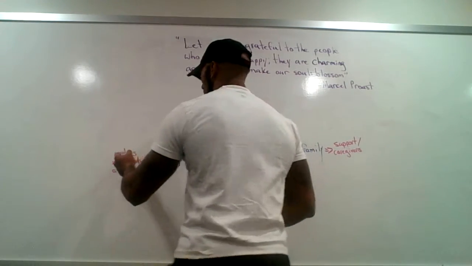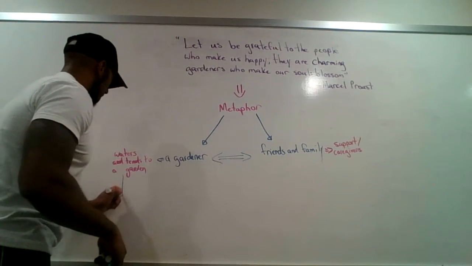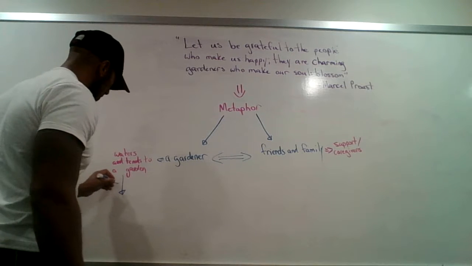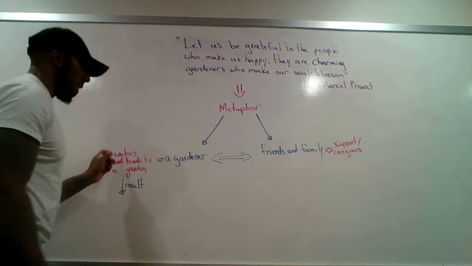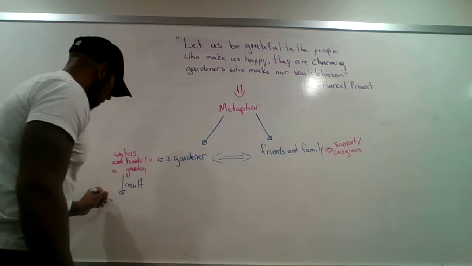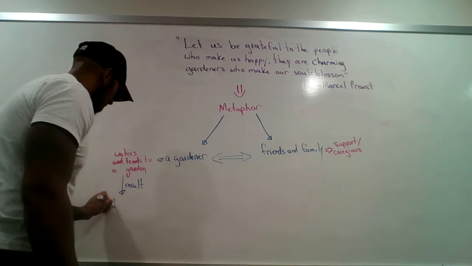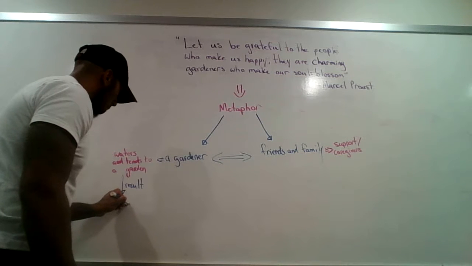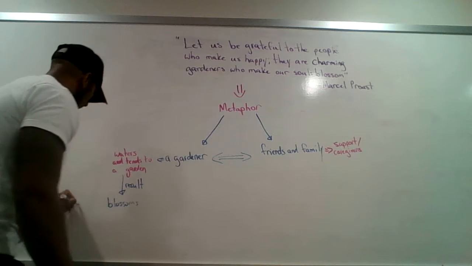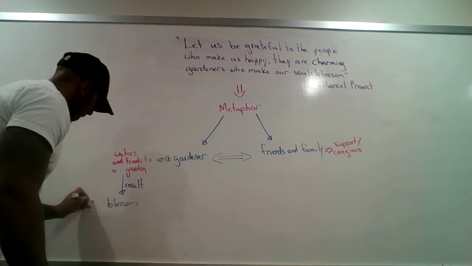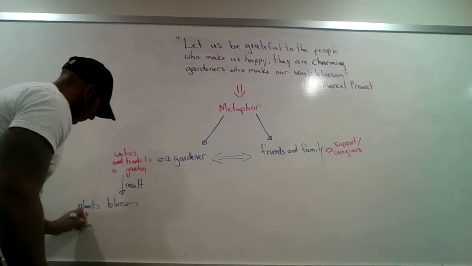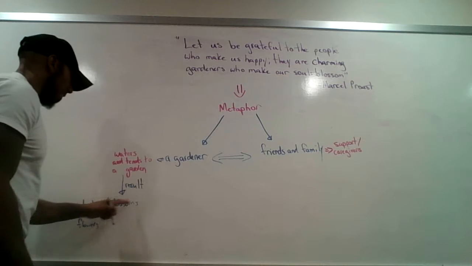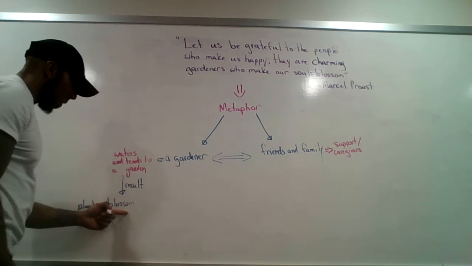What does a gardener do? By watering and tending to a garden, what's the result of that? The things being tended to blossom. What blossoms? Plants and flowers. Plants and flowers blossom.